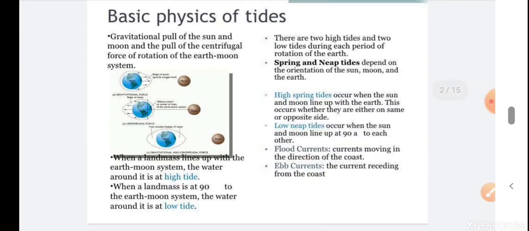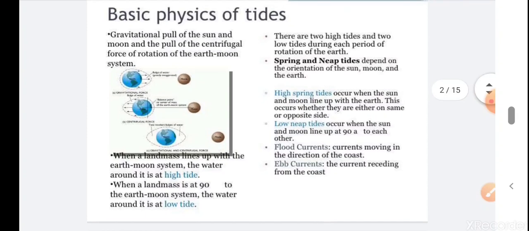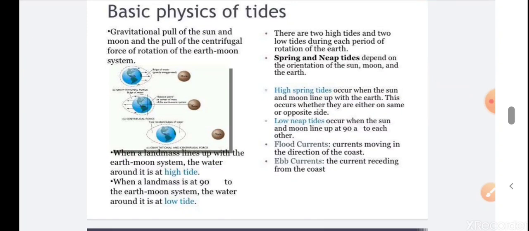As we know, the gravitational pull of the sun and moon and the pull of the centrifugal force of rotation of the earth-moon system are there, and so these create the tides, which are of many kinds.